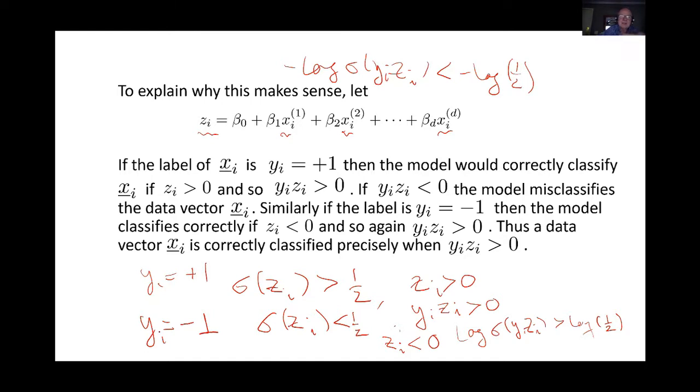So again, we get the same thing here. We get that yi zi is positive.